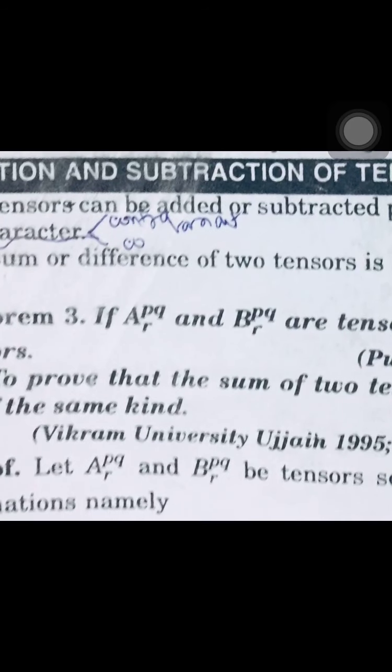If it is of order 1, then it is a vector. But multiplication and division behave differently, so here we consider only addition and subtraction of tensors. In the next lecture we will also cover multiplication. So today we are taking addition and subtraction.